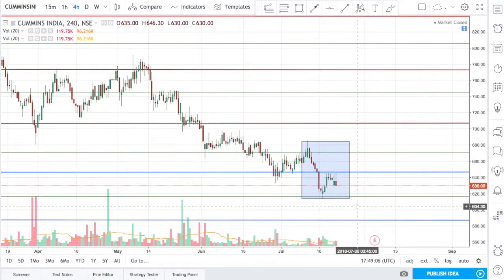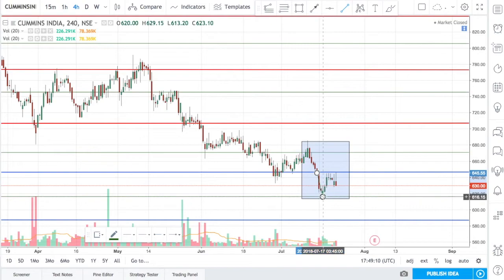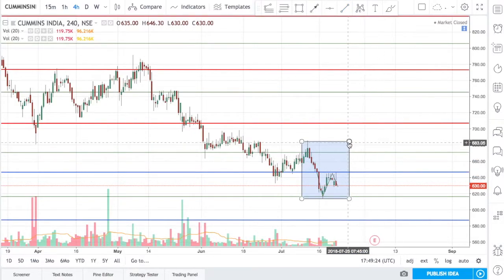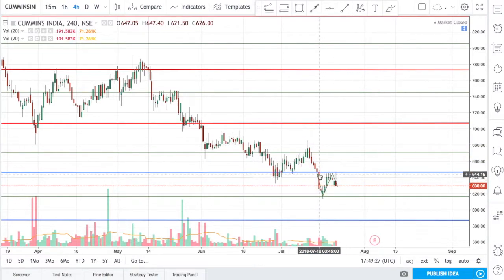Okay, so this is our break below, the retracement to test the level from where it pushed down, and the negative pin bar from that level once again. This setup is good enough for us to consider Cummins a decent shorting opportunity.